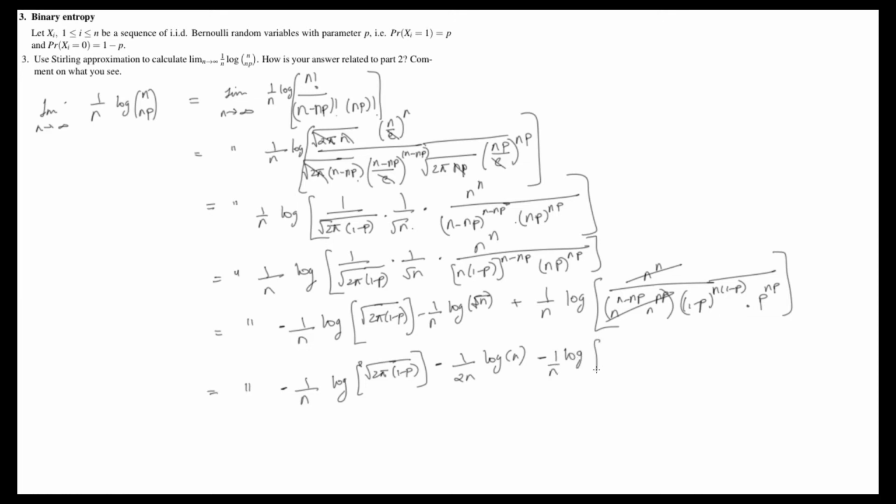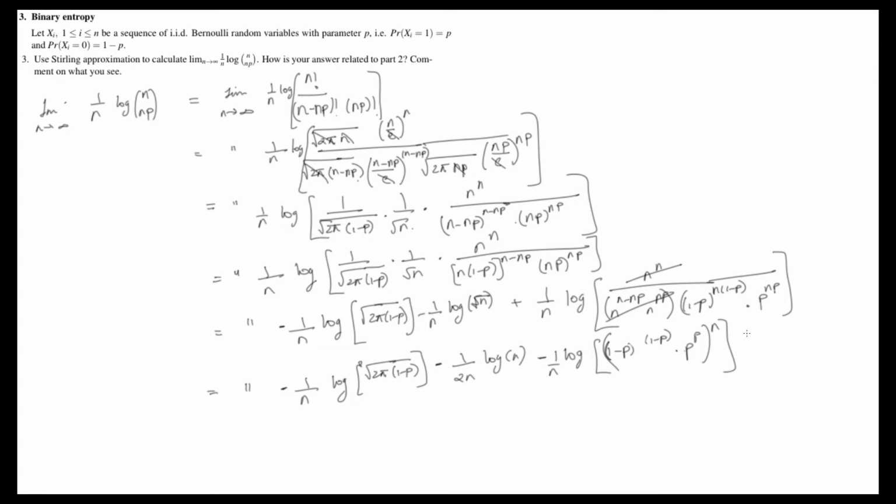log of 1 over n times 1 minus p to the n times 1 minus p times p to the p. What I'm going to do now is take that n out, right? So we have 1 minus p to the 1 minus p times p to the p, this whole to the n. I'm just going to pull the n in the exponent out because it's the common exponent for both.